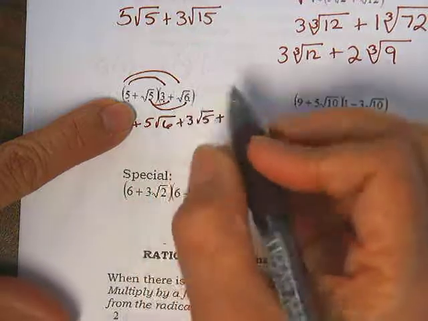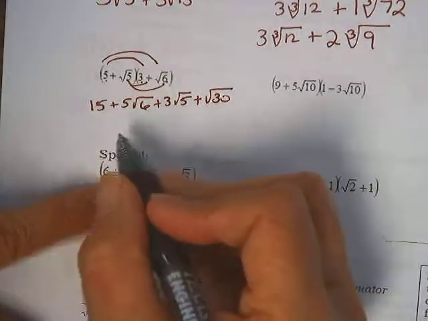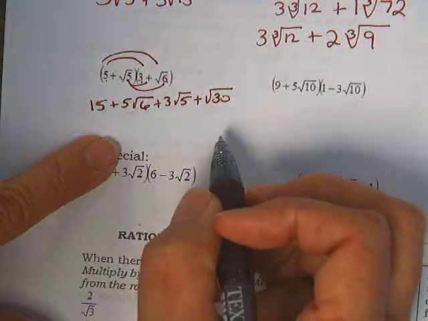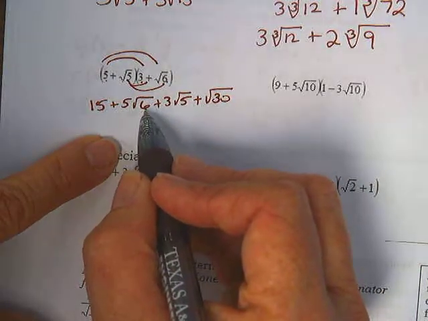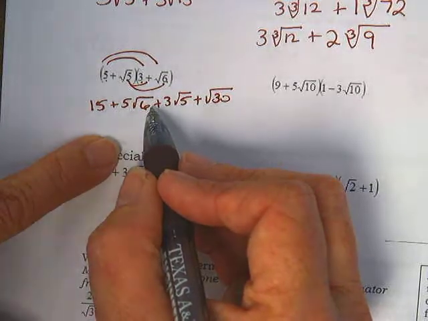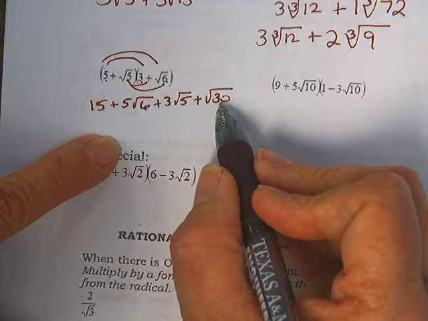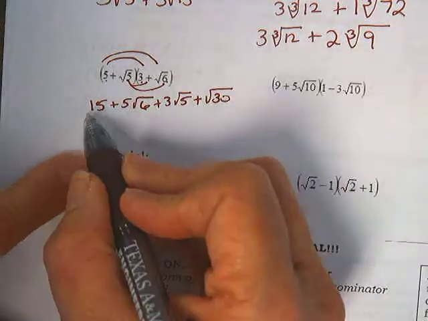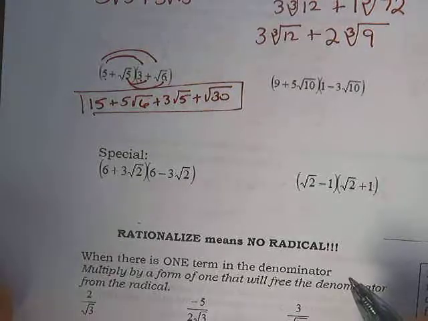Plus the square root of 5 times the square root of 6 is the square root of 30. And then we'd look to see, can we simplify? 6 can be broken down into 2 times 3, but neither of those is a perfect square, so we can't take them out. 5 is a prime, and 30 is 5 times 6. There's nothing I can take out. That is your answer. It's as simple as it gets.